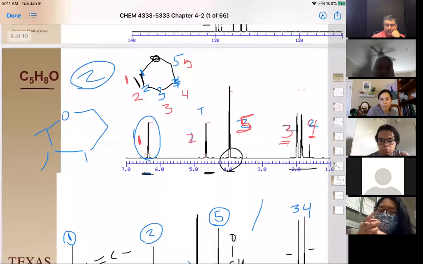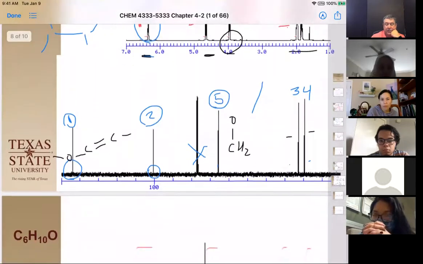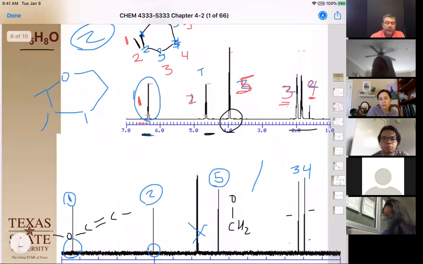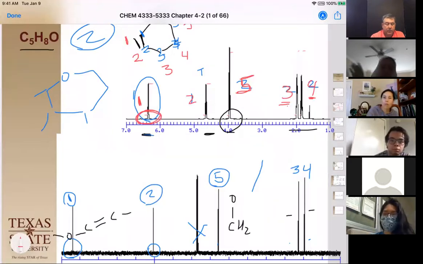Okay. Questions on that one? And notice we don't have symmetry here because if we put the double bond somewhere else, we wouldn't have this really high shift here, okay? And so we wouldn't have this high shift here. So the double bond has to be next to the oxygen because of those shifts.